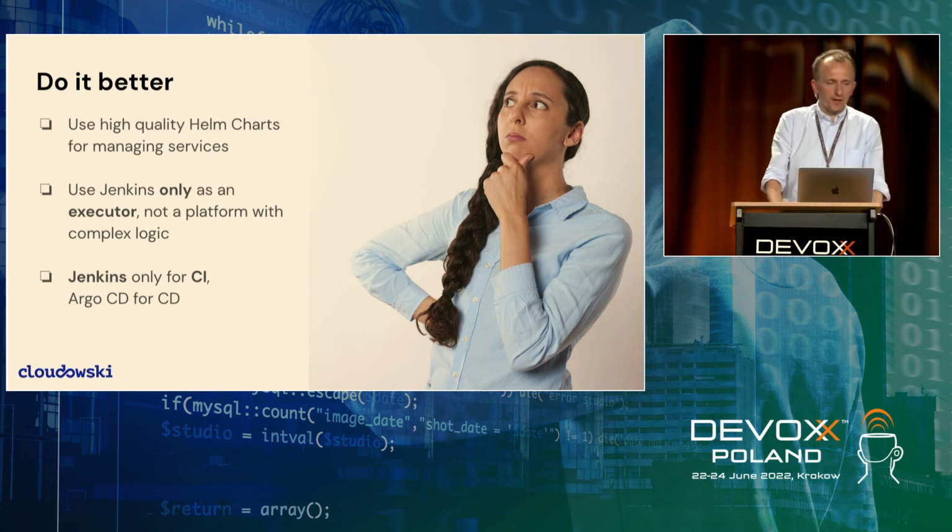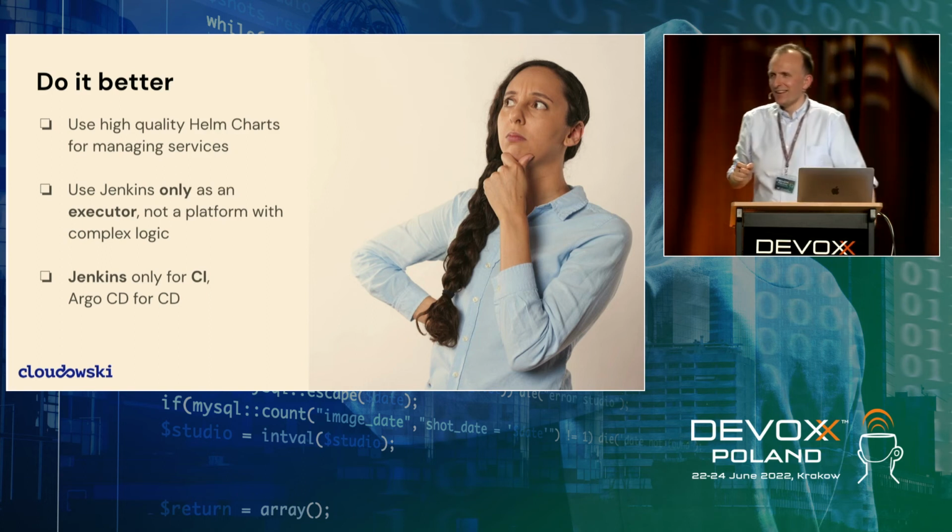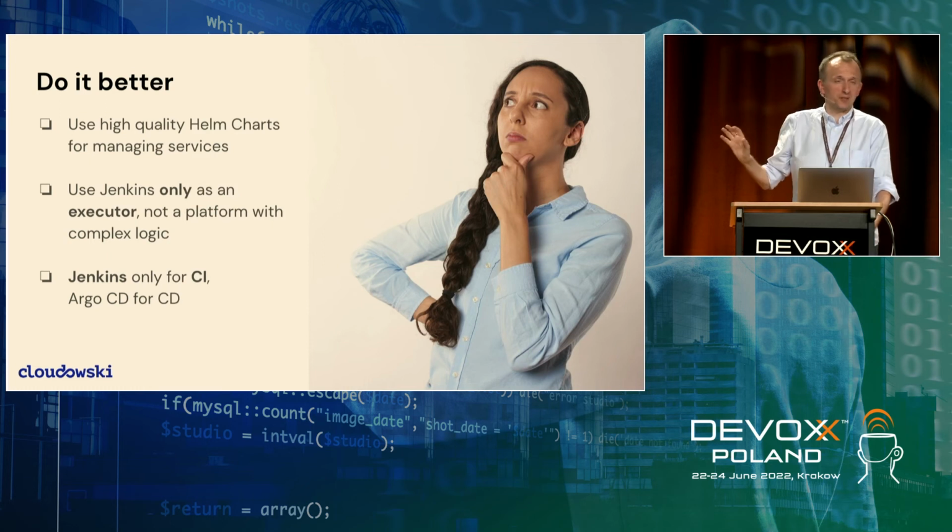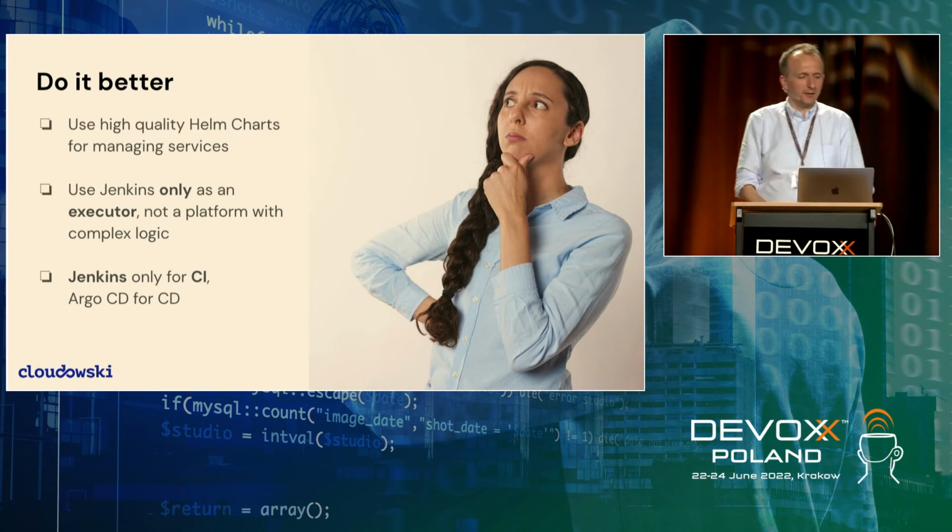There are plenty of them. And one very, very important thing, I would get rid of the shared library. I wouldn't use Jenkins as a platform. I would use it only as an executor. That's it. Because maintaining logic inside Groovy is not the best idea.